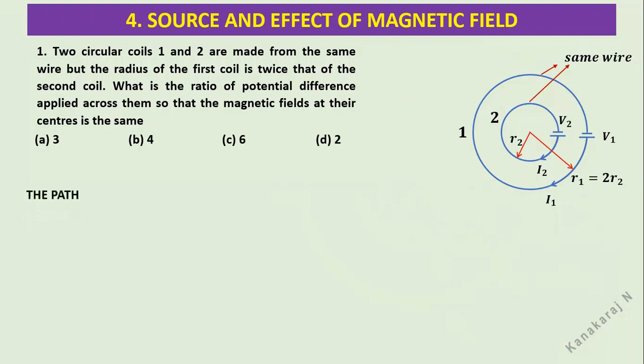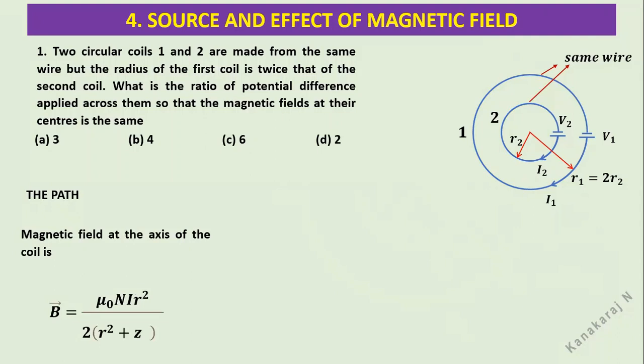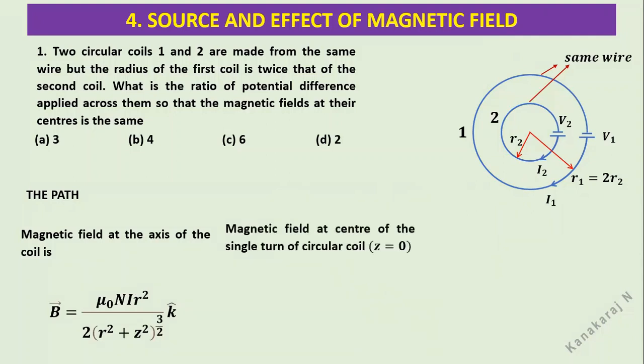Let us learn the subject first, the path. The magnetic field at the axis of the coil is given by the formula B vector equals mu naught n I r square by 2 times (r square plus z square) to the power 3 by 2 k cap. Now, we take only one turn and we go for the center of the coil.